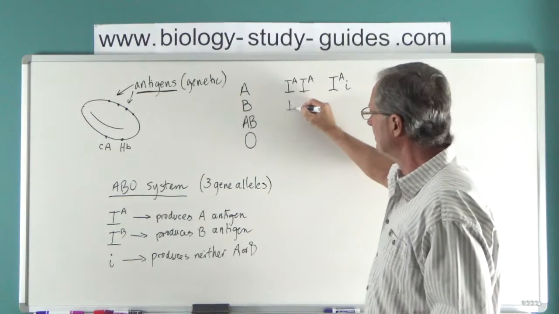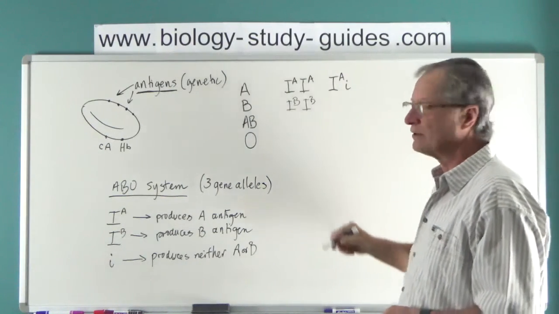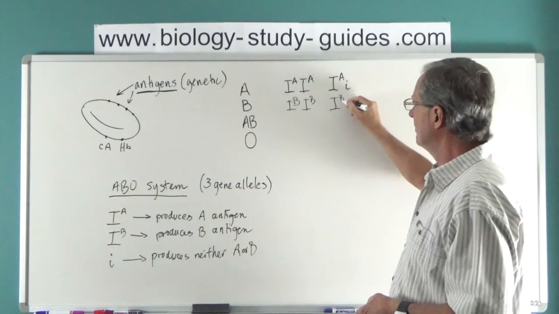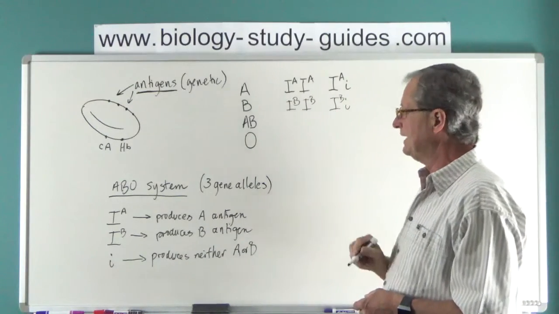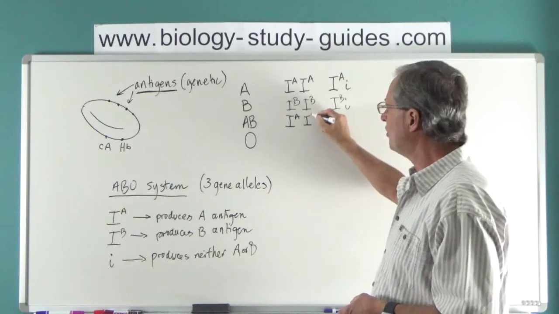Blood type B similarly could have 2 dominant genes to produce the B antigen, or 1 dominant and 1 recessive, but it would still produce the B antigen. AB, that person has both.